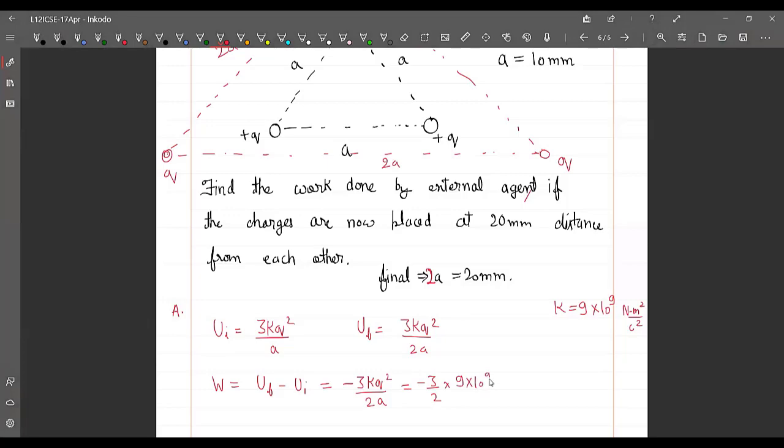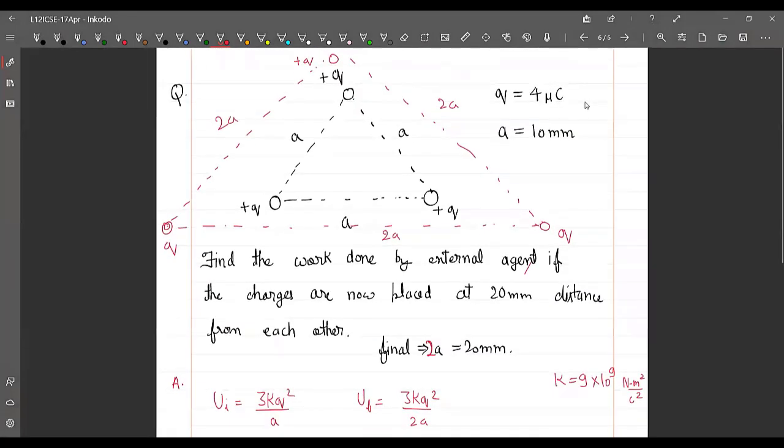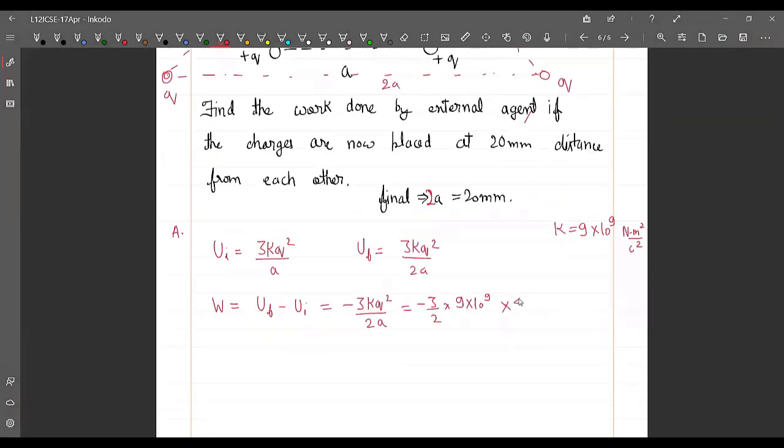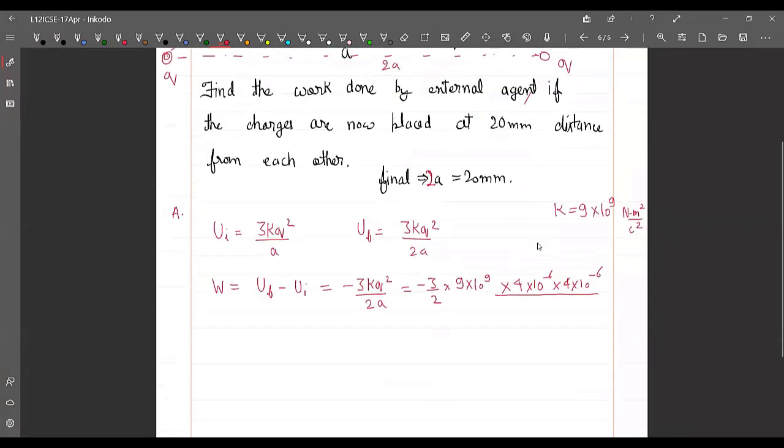K is 9 into 10 to the power 9. Charge is given as 4 microcoulomb. So 4 into 10 raised to minus 6 into 4 into 10 raised to minus 6, that thing divided by A, which is 10 millimeter. Millimeter is 10 raised to minus 3. All we have to do is solve this.